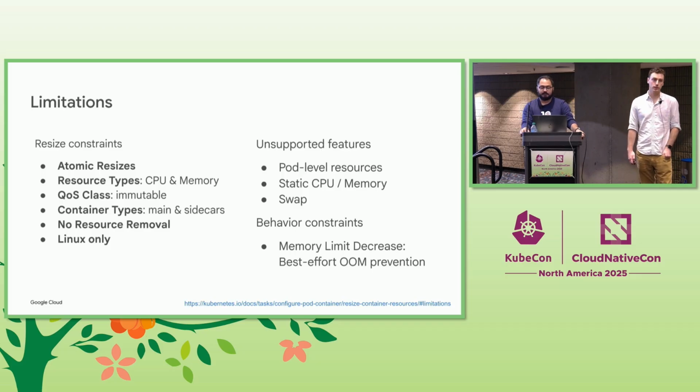We don't support resizing pod level resources if you're using static CPU or memory policies or have a swap enabled pod. These are all things that we expect to add in the future. Actually, pod level resources, I just yesterday approved the PR to go into alpha in 1.35, it will be in alpha. And then, yeah, I already mentioned the memory limit best effort protections.